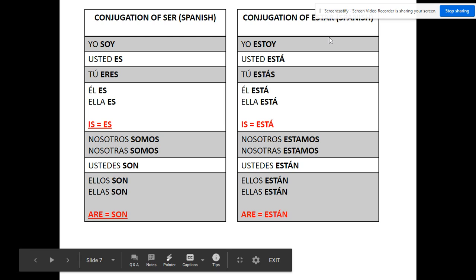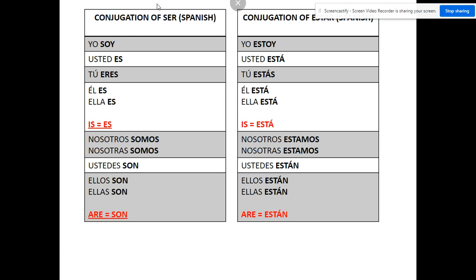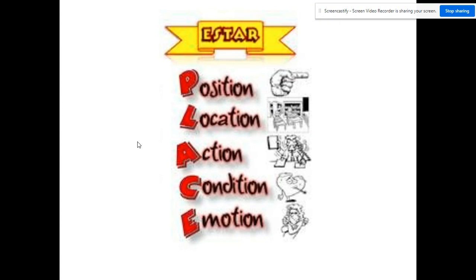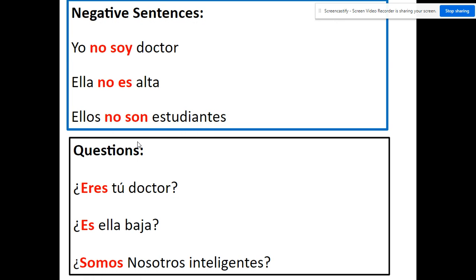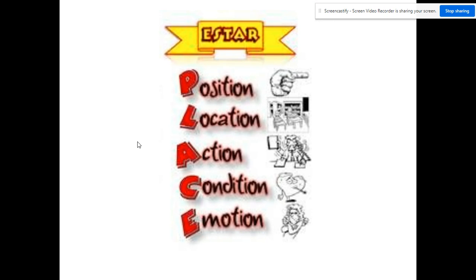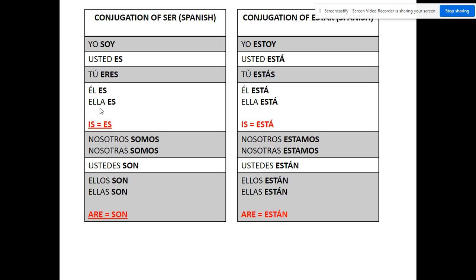Estar, we will concentrate on that later, okay? For now, just ser. We did the acronym so you can know that if you are talking about a place, any of these reasons here, then we don't use ser, we just use estar. But we will learn that later. For now, let's concentrate only in the conjugation of ser.